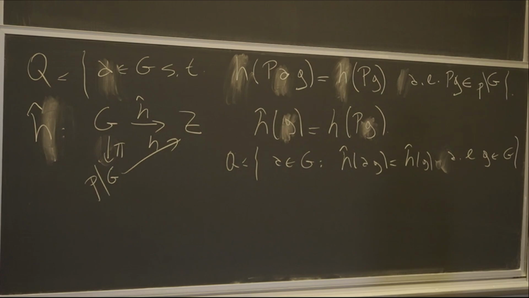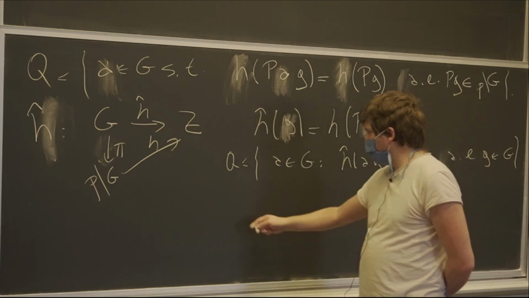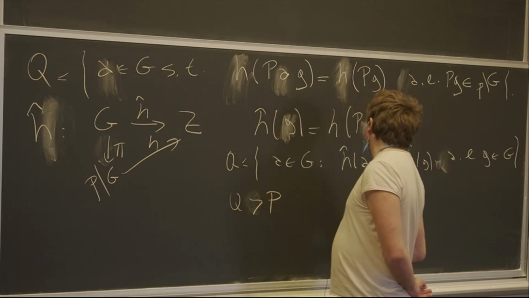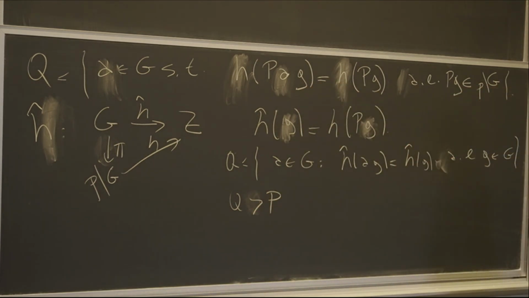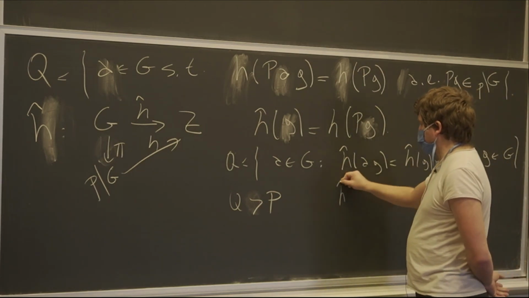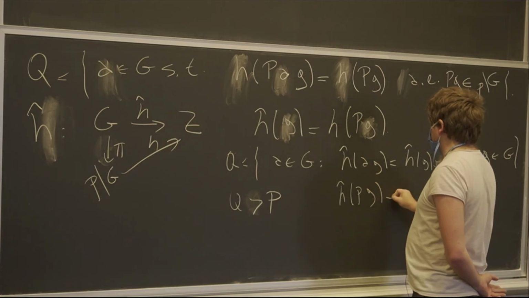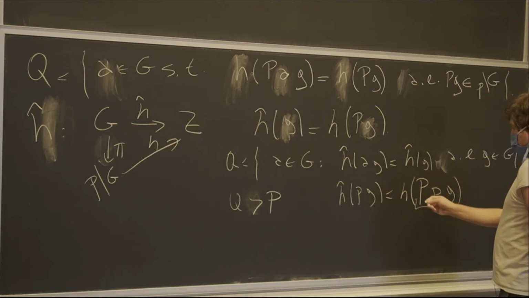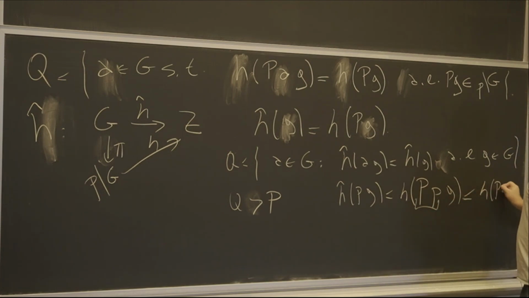And clearly Q contains P by definition of H hat, because H hat of p g is H of P times p g. Now these two get the same value, and this is H hat of g.